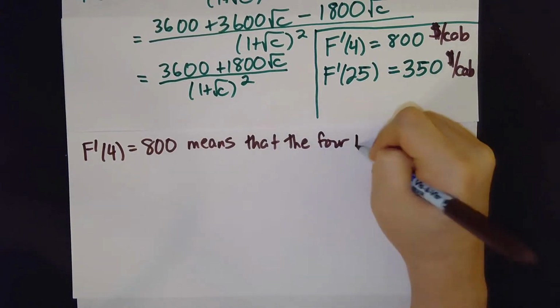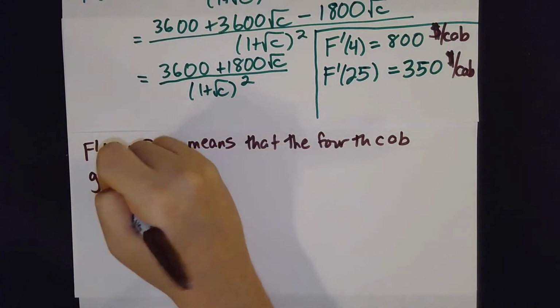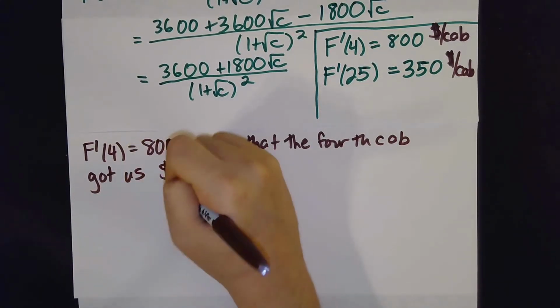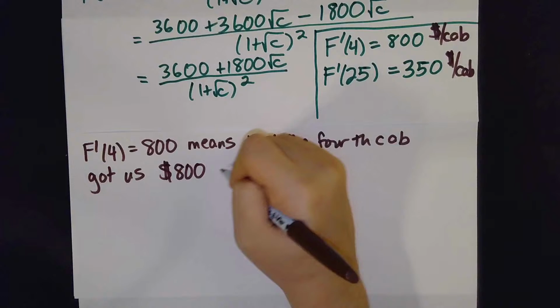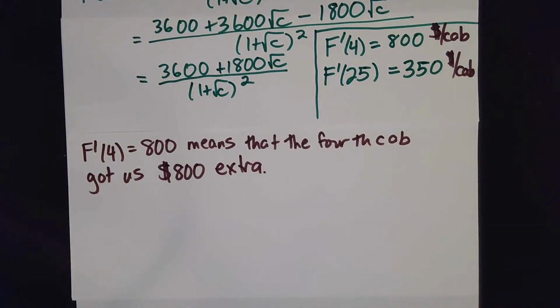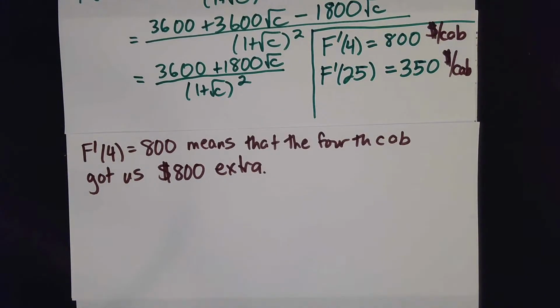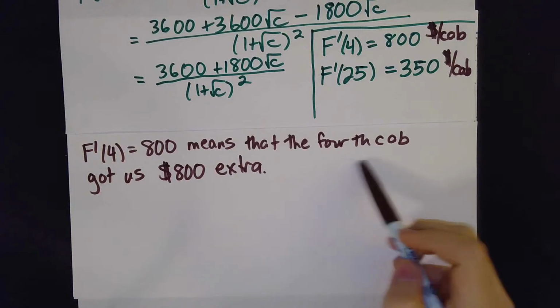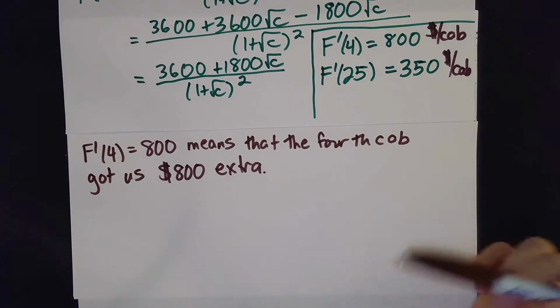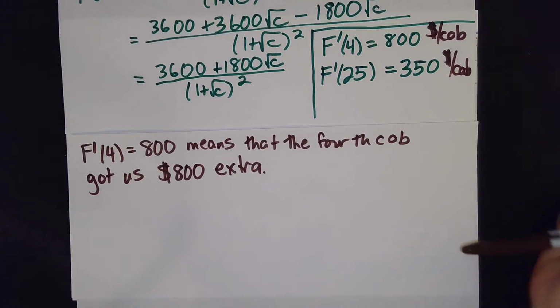So not every cab, just the fourth cab got us $800 extra. Okay. And the reason why I say it's the fourth is because it's really the last cab that got us that $800 extra.